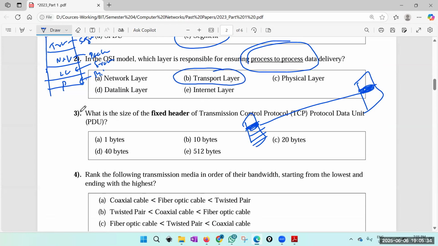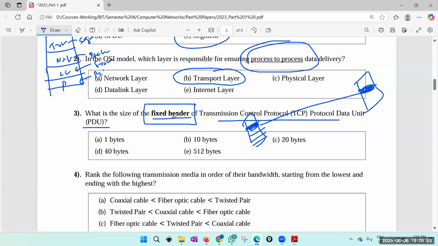Right. Question number 3. What is the size of the fixed header of the transmission control protocol data unit, the TCP protocol data unit? What is the size of the header in TCP? We discussed the TCP header size and the UDP header size.